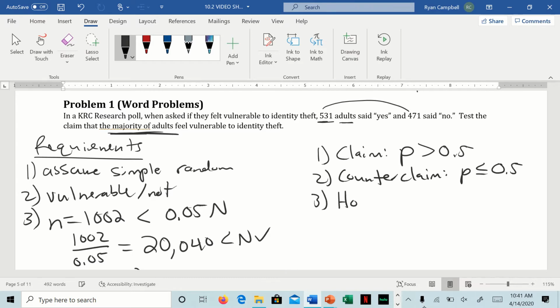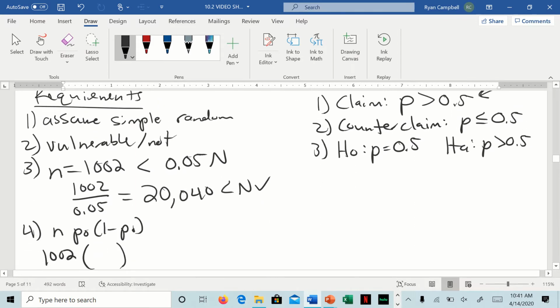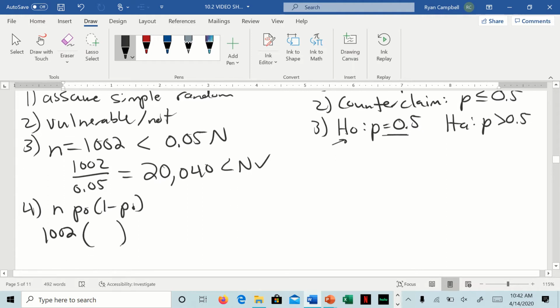Step 3, H naught, HA. H naught is P equals 0.5 because it's always equals. HA is going to be P is greater than 0.5 because that's where the claim is. Or, sorry, the claim in this case has the strict inequality. It doesn't have the equal sign. Okay, so H naught, that's our 0.5.